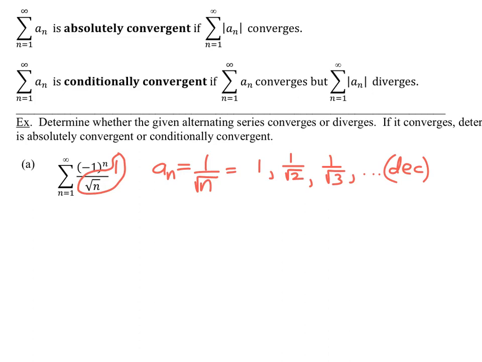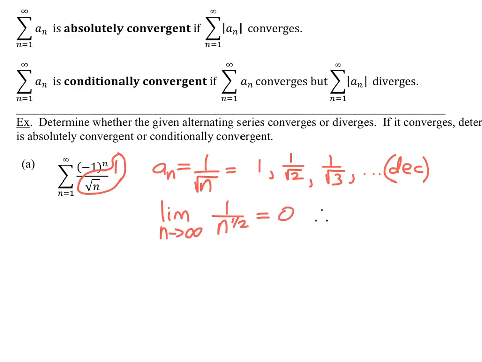Now, if I was not sure that it was an alternating series, then I might want to show the positive negative, but even that's a stretch because once you see a negative 1 to a variable power, you know it's alternating. All right, so I need the limit as n approaches infinity of 1 over, I'm going to write it as n to the 1/2. All right, and so that's going to be equal to 0.